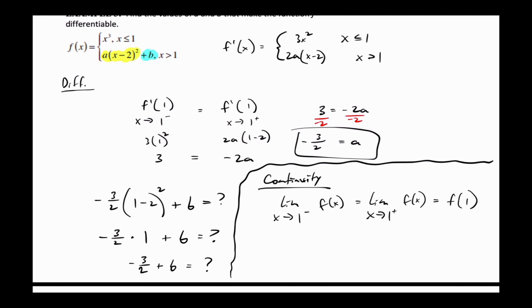So if I plug in 1 to the original, I get 1. If I plug in 1 to the bottom, I'm going to get a times (1 minus 2) squared plus b.